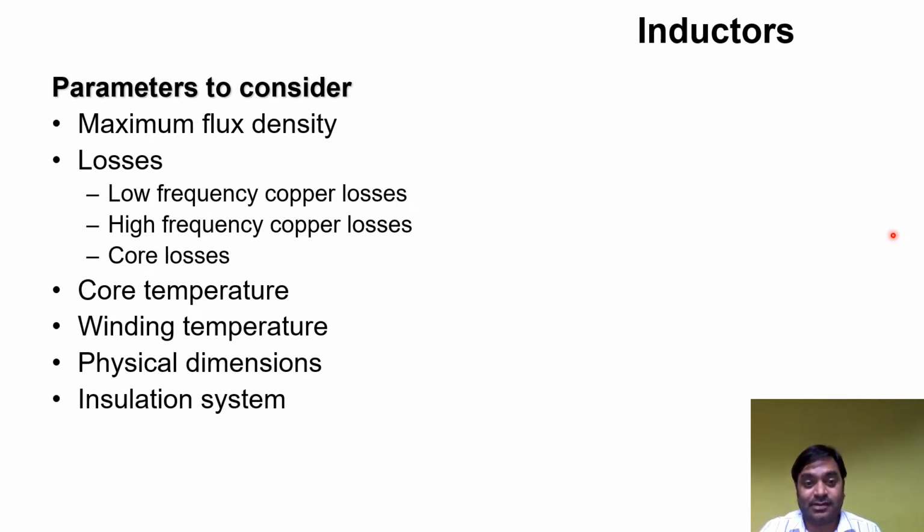And then physical dimension, how we are going to mount this and how the dimension needs to be defined. And then the insulation systems: different insulation systems have different limits of temperature, so we are going to discuss that. And next we will also discuss the regulatory requirements, which are basically UL and IEC.